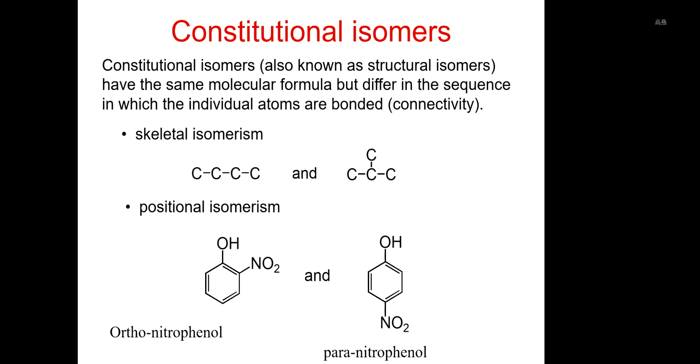The one on the left, the carbon chain has 4 carbon atoms. So what is it called? It's butane, right? Butane has 4 carbon atoms.